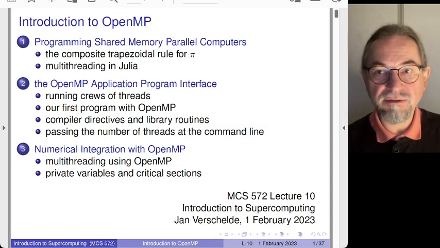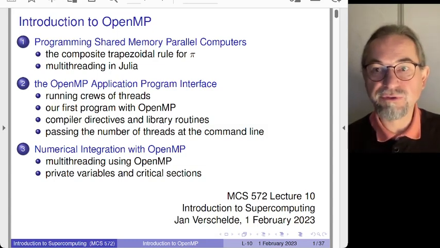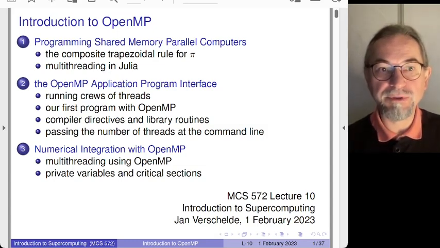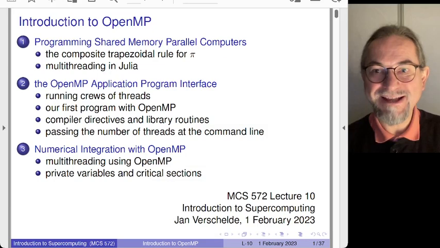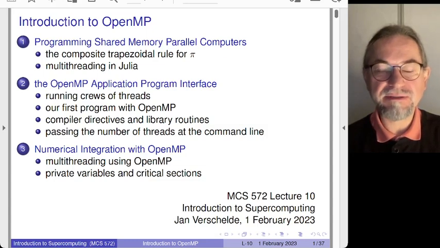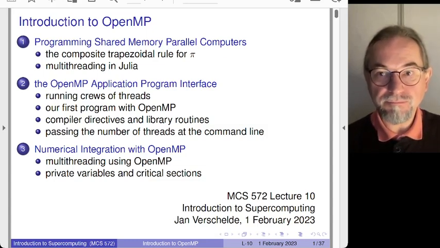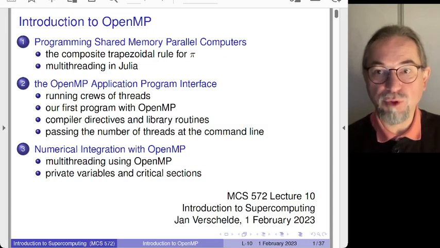The main goal of this lecture is to introduce OpenMP, which is another standard, not to be confused with OpenMPI. There is only one letter difference, but OpenMP is a tool to write parallel programs for shared memory parallel computers.